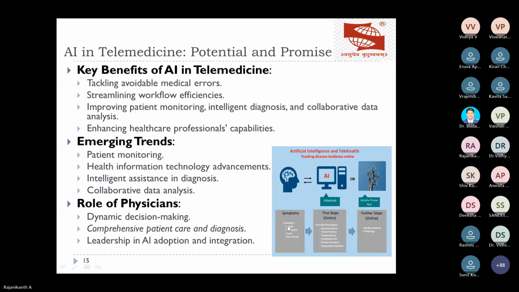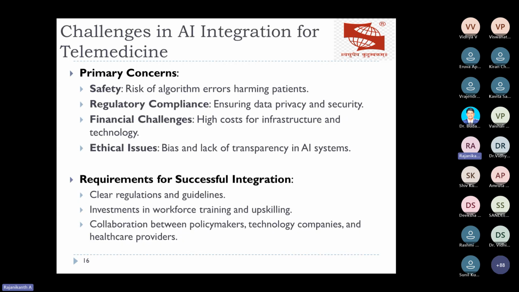So a combination of the symptoms will help AI in decision making, and through that it responds. These symptoms and combinations of symptoms, the AI actually learns from the data that is already available.